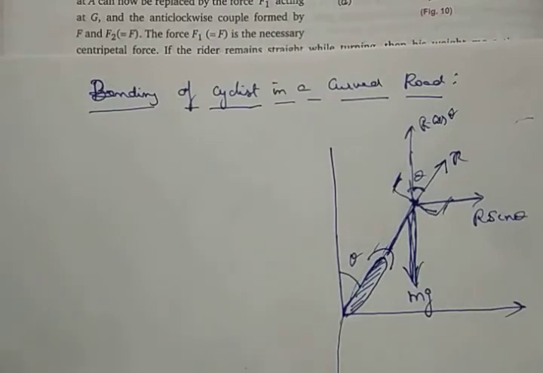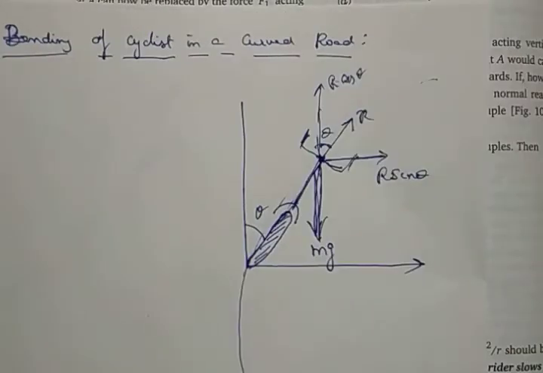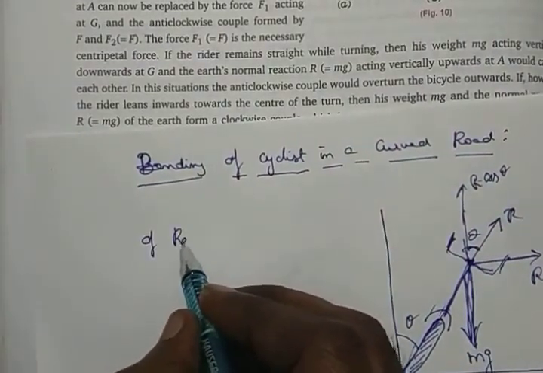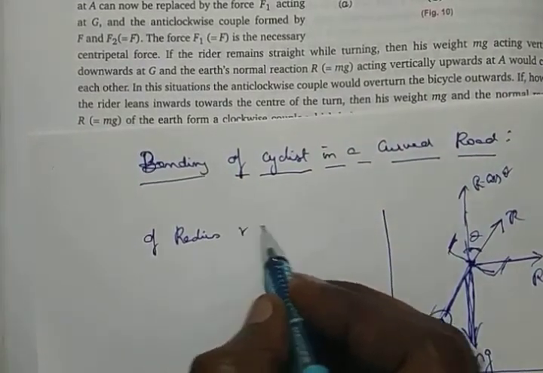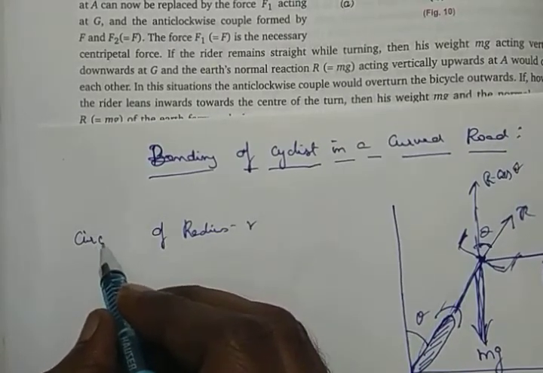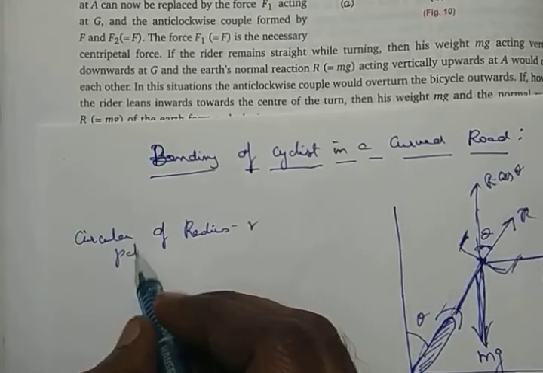So you can write down a few lines. Consider a cyclist going on a circular path of radius r.